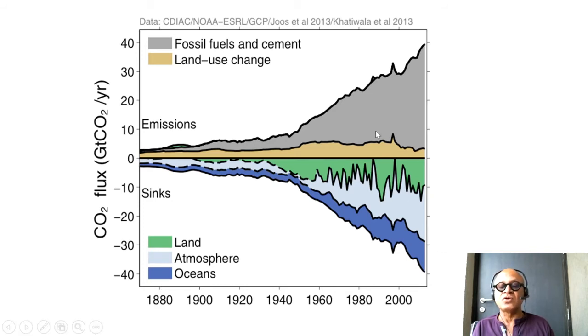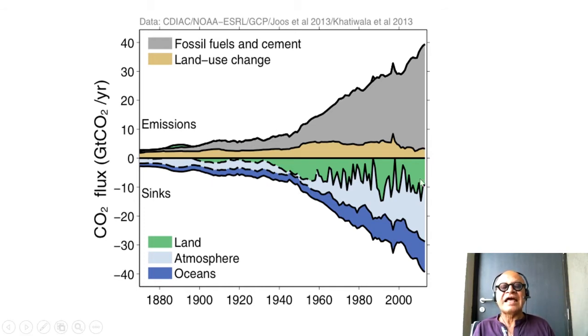This is a few years old, but nonetheless, land use change, as we mentioned, is emitting some carbon now because of vegetation perturbation. Especially tropical forests are losing carbon, which is bad news. In fact, with warming, respiration also increases, so we have to be careful.